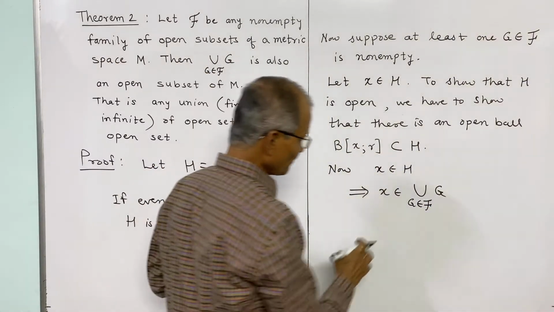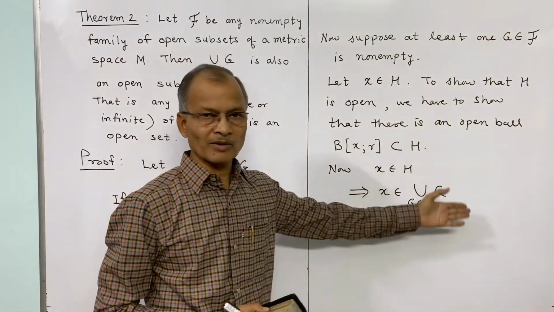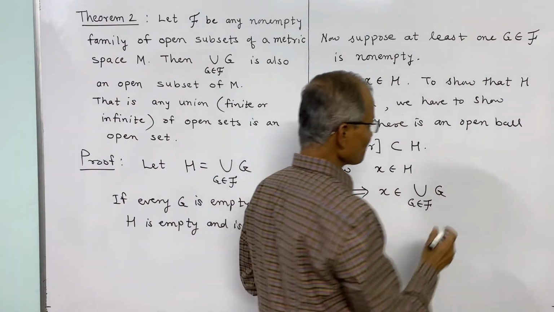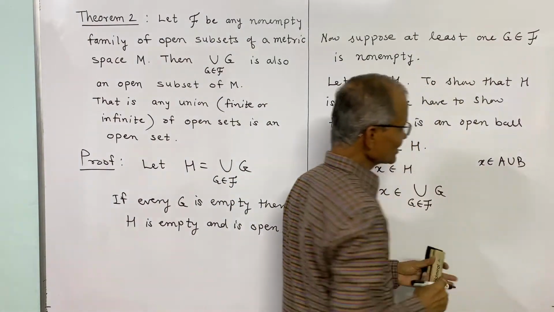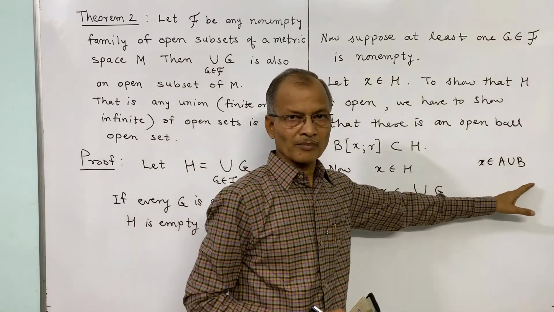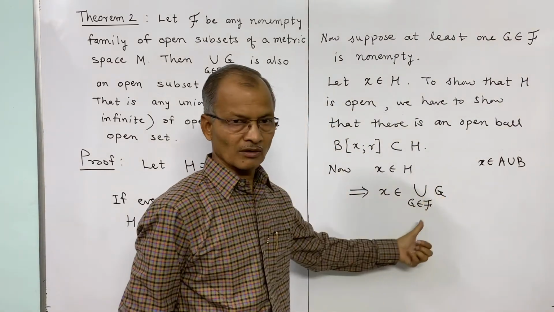And if an element is in the union, then it must be in at least one member. When we say x is in the union of A and B, then x must be in at least A or B. Therefore x must be in one member G of the family.